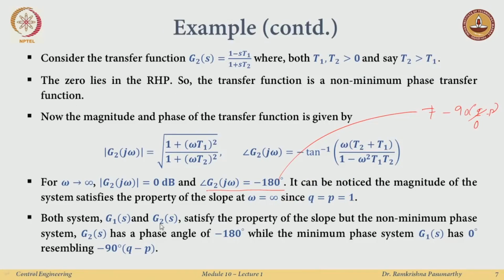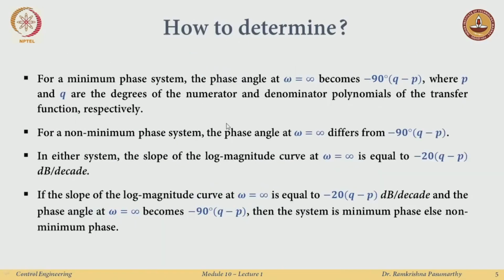So, to conclude our observations, both G1(s) and G2(s) have the same magnitude criterion, but they have different phase angle as omega goes to infinity. G2 has minus 180, G1 has 0 degree. G1 satisfies this criterion minus 90 into (q minus p), whereas G2 does not, and therefore, G2 is the non-minimum phase, and because of this definition of the 0 being on the right hand side, it satisfies these 4 conditions.